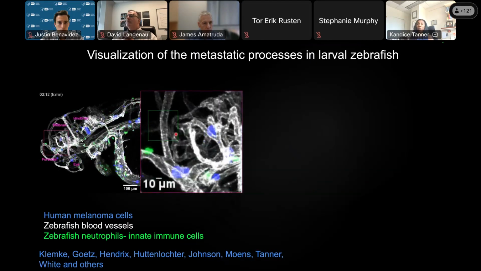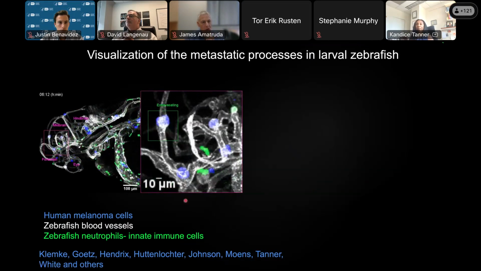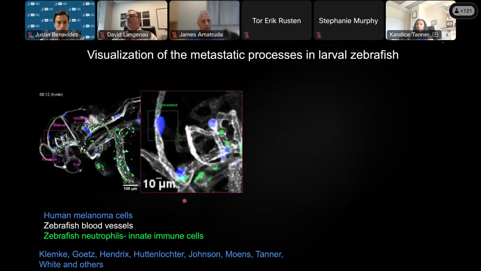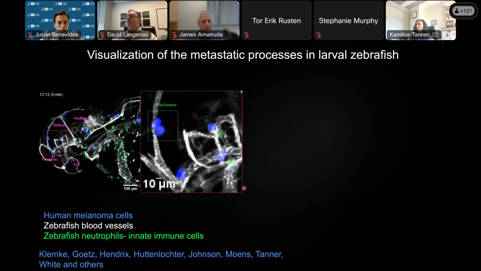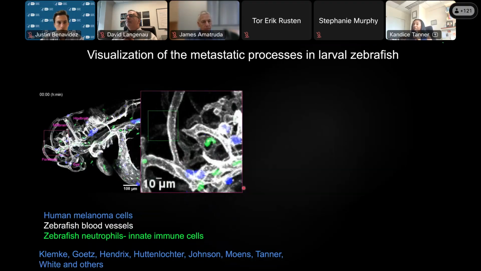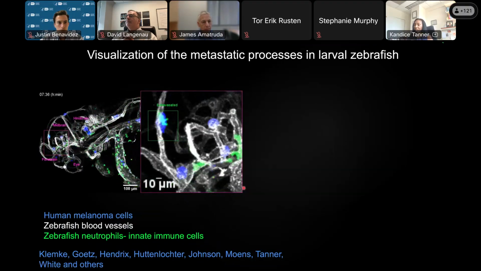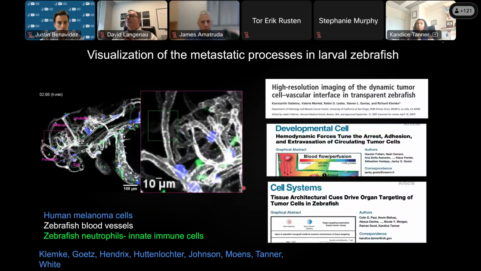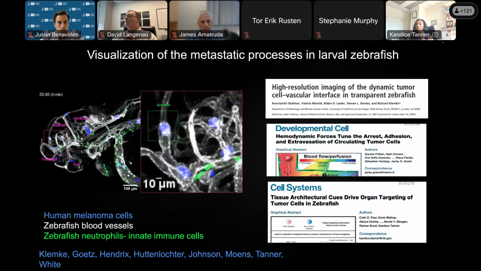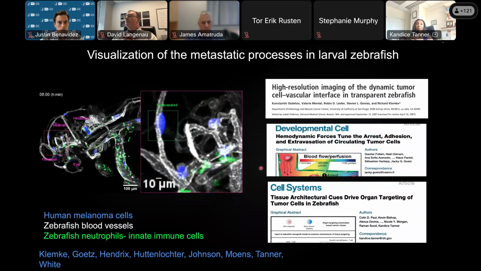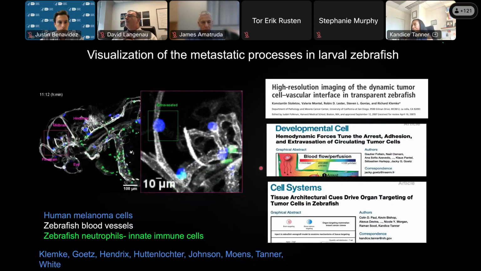So this is building on work others have done. I've listed these labs here, the visualization, which is one of the powerful tools that zebrafish presents to us. But I'd like to focus on what types of insights we get from looking at these tumor-stromal interactions. So I'm going to highlight 3 studies that show what insights we got from simply visualizing these processes.